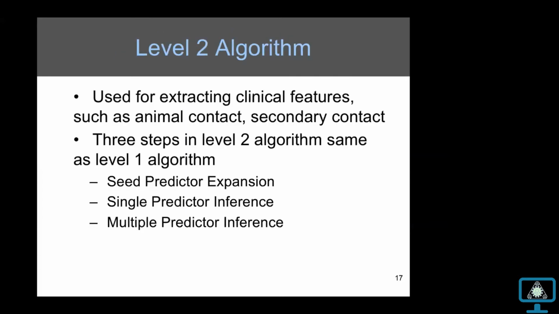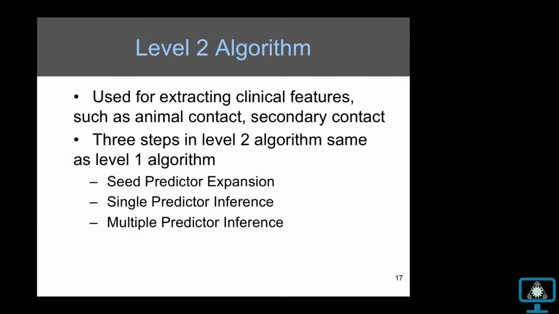For looking at the more advanced features, this is what we call the level 2 algorithm. So here we are trying to extract clinical features that are exhibited by that patient, trying to find out if they came into contact with any animals, if they came in contact with other patients, any other comorbidities, if they have any special conditions and so on. And we go through the same sequence of steps here.